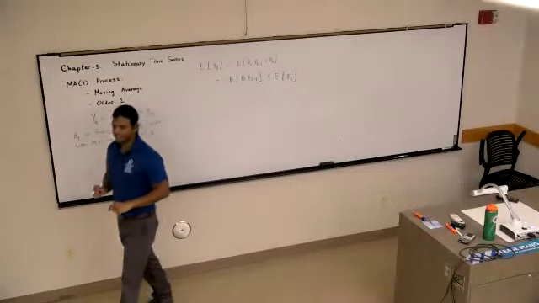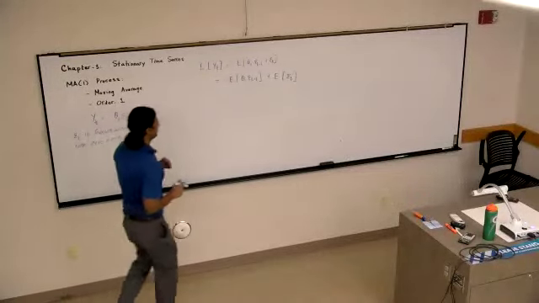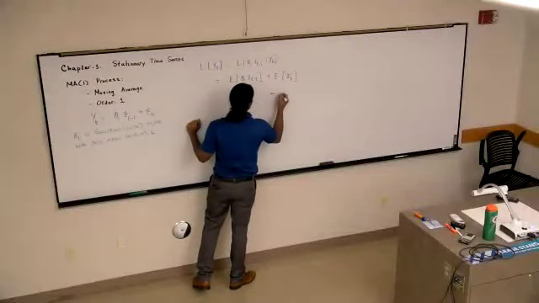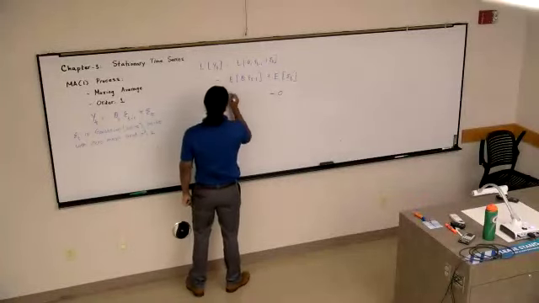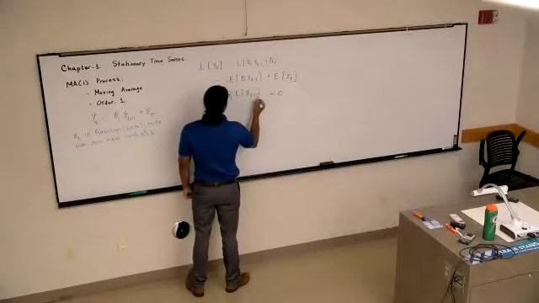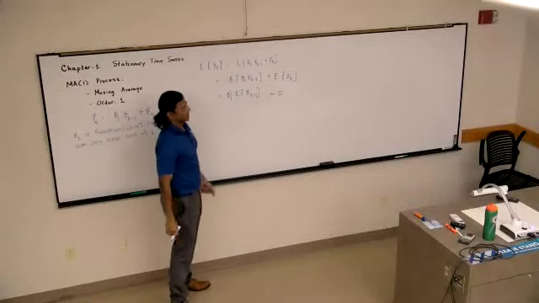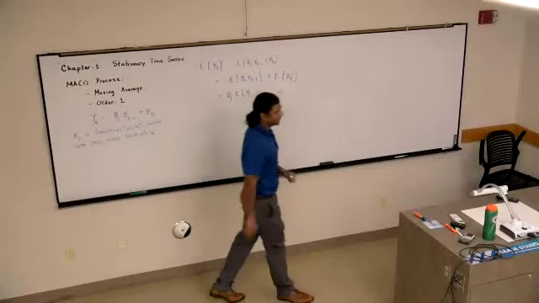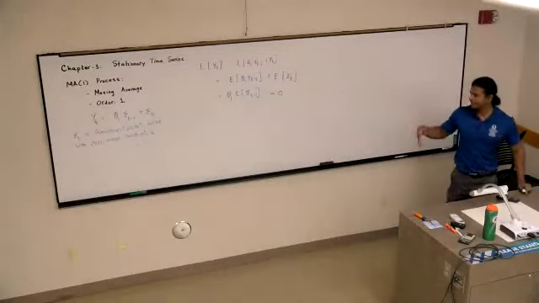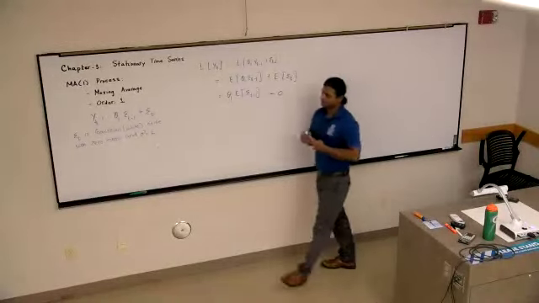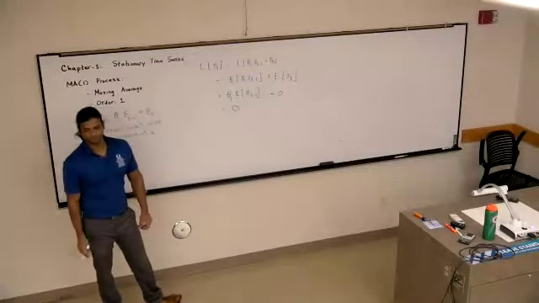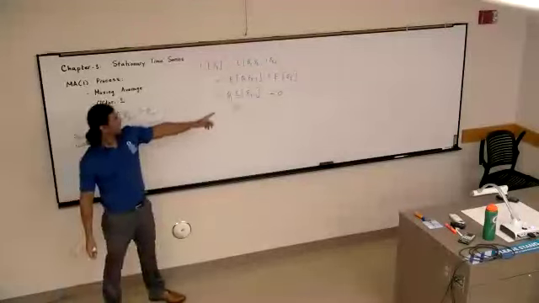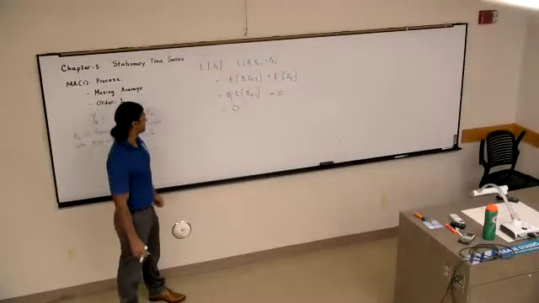We know the expectation of epsilon t is 0, so that would become 0. Theta 1 is a constant, so that would become 0. May it be time t or time t minus 1, the expectation of the epsilon for anything is 0, so we will get 0. Expectation of that is also 0. Good.